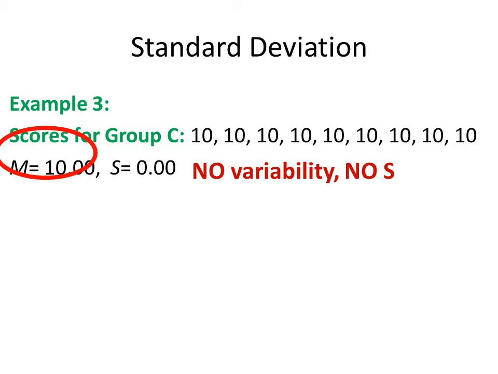So now there is no variability, so there is no standard deviation. With no variability, the standard deviation equals 0.